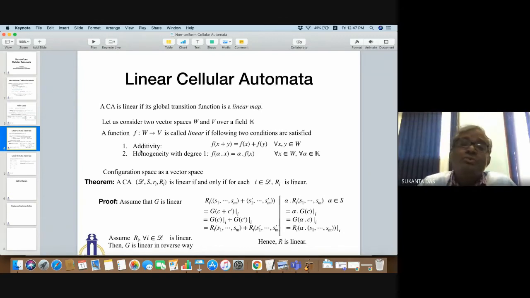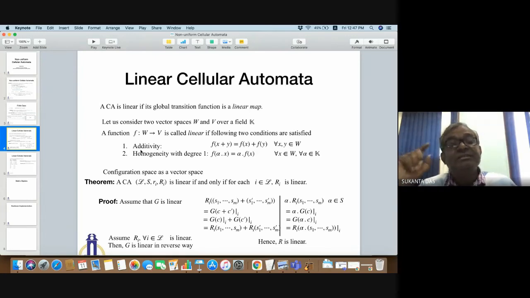What I mean is that the configuration space is considered as a vector space, and the configurations are the vectors.